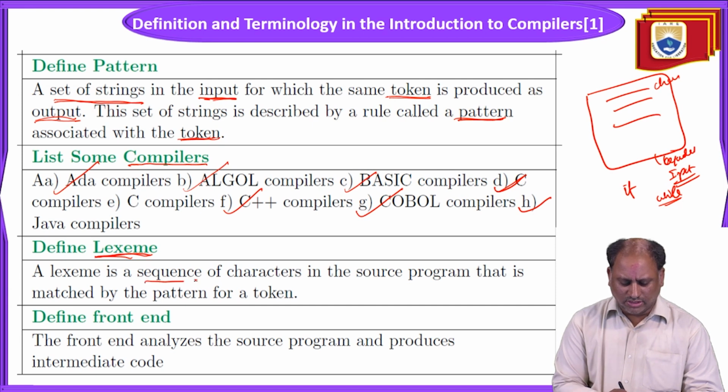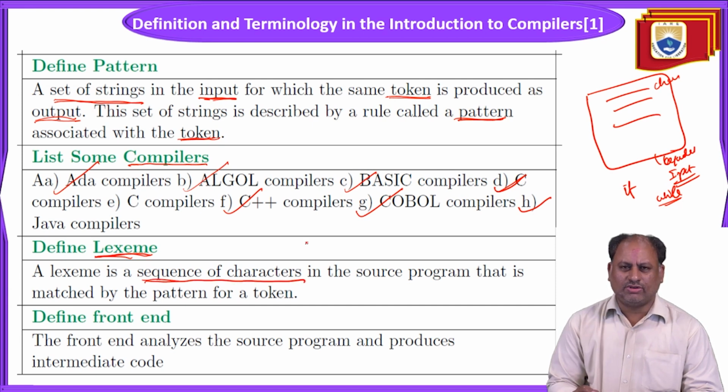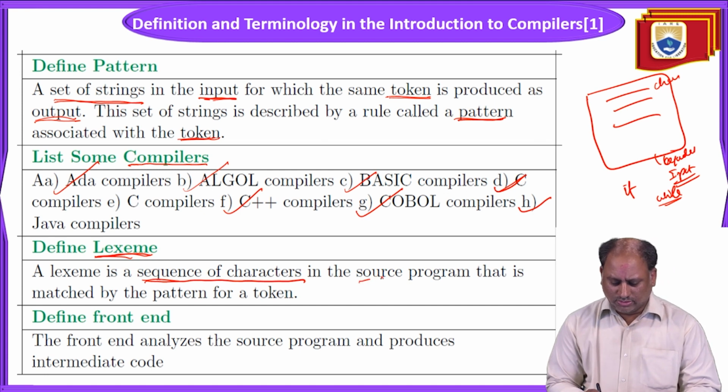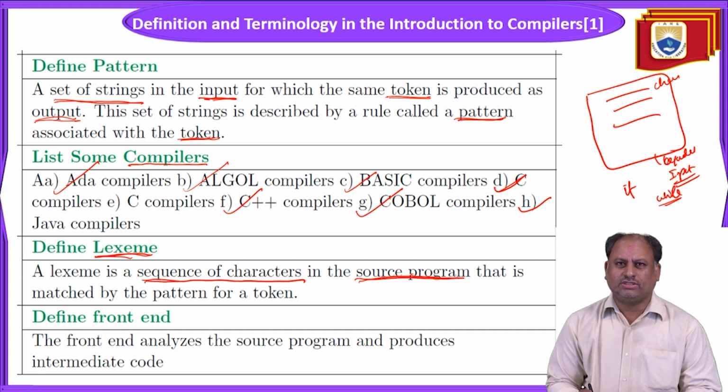So we know that there is a sequence of characters available for each instruction in a programming language. That's why in the source program, individual lines of code are processed into every character, and that is called a lexeme.